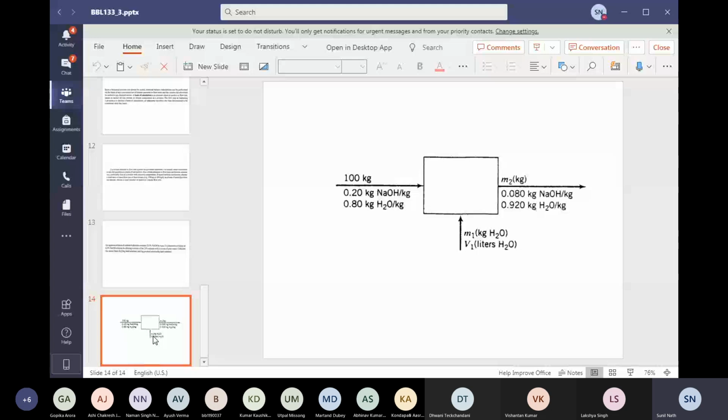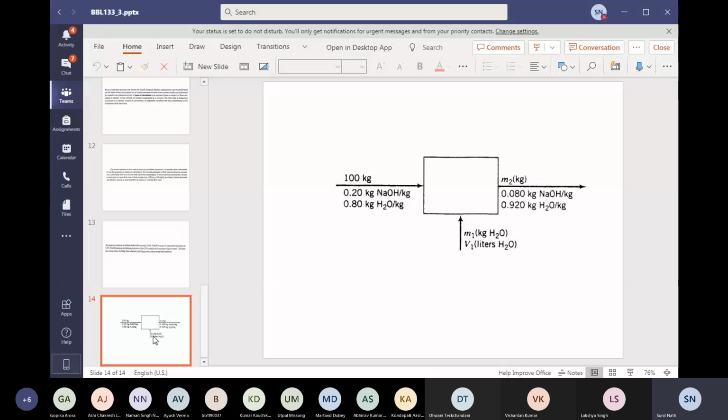You know how much total feed was there. Just now you told me 100 kg you are taking, so you know its composition. Initially, you know the composition, finally you know the composition, so M2 you will be able to find directly by the sodium hydroxide balance. Okay, let us break that also.